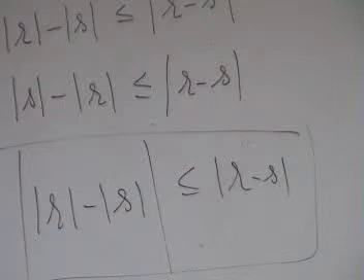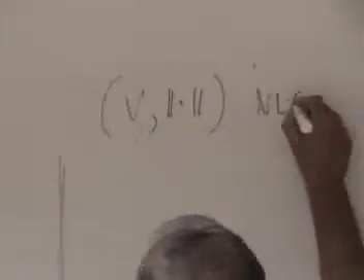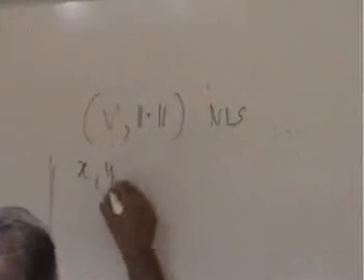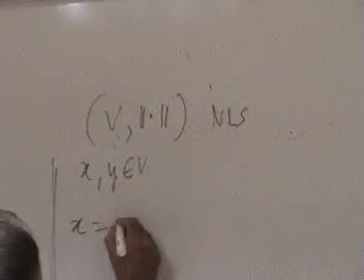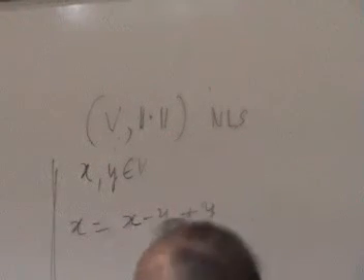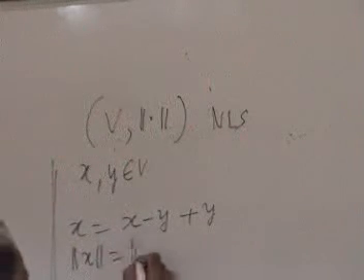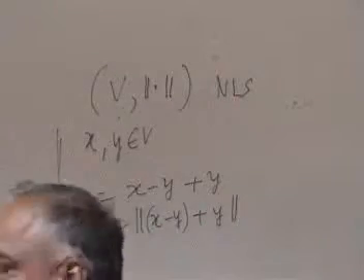So instead of this, I take a vector space with a norm. Then do the same thing step by step. For x and y in V, instead of r and s in R, I take x and y in V. x is equal to x minus y plus y. First step. What is the next step? The norm of x is equal to the norm of x minus y plus y.